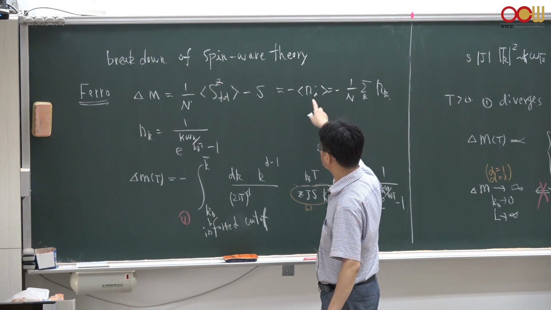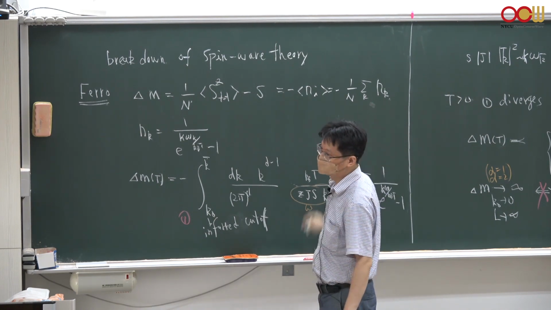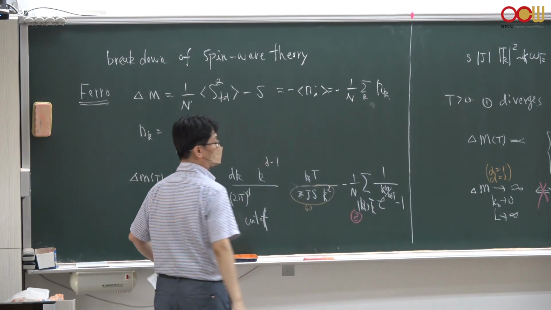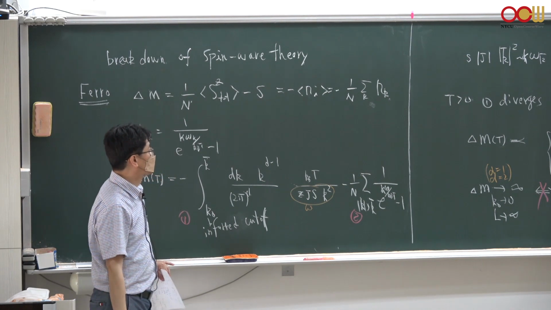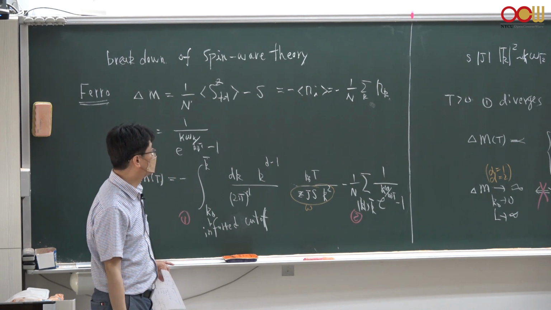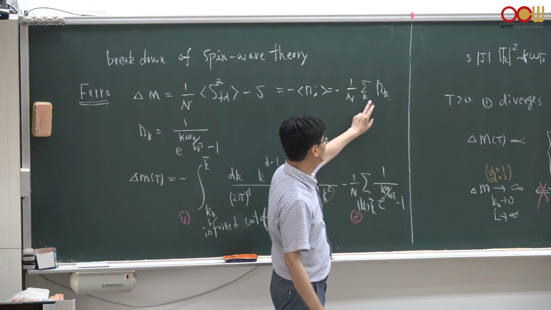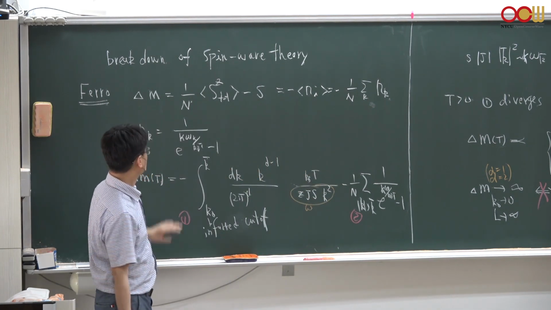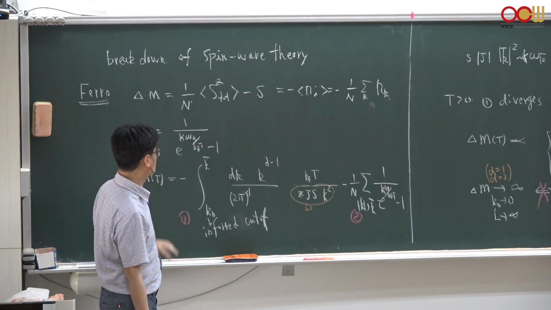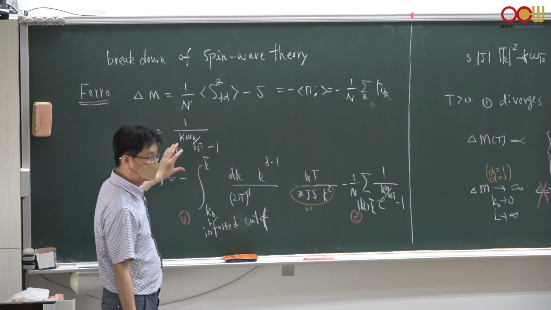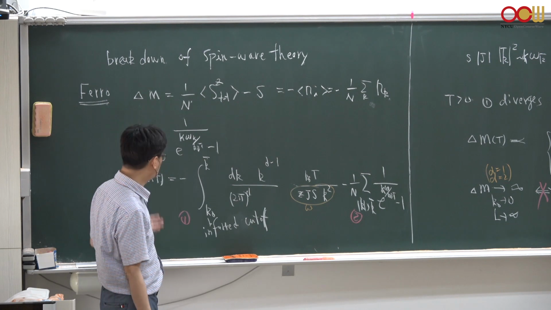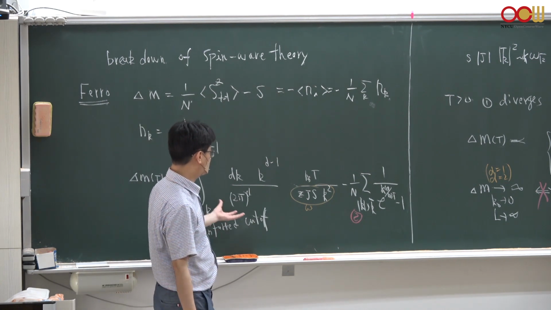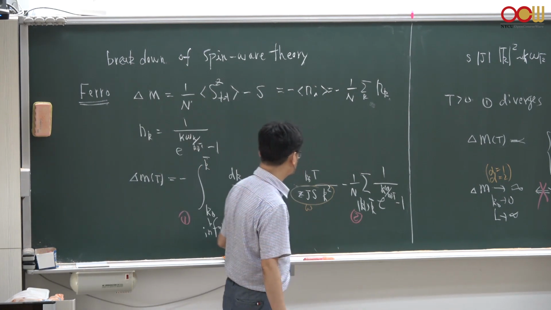So let's again compute this number of spin flips, or number of Holstein-Primakoff bosons in momentum space, and we sum over all possible nk for all k and divide by the number of spins, which is the delta little m per site, and this nk satisfies this Bose factor. When we do so, we could separate the sum into two terms.